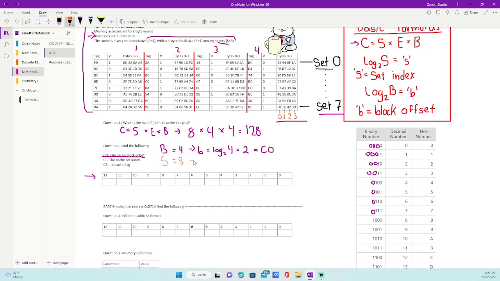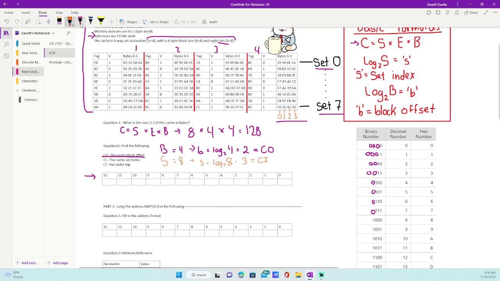So our little s, our set index, would be equal to log base 2 of 8, which equals 3. And that would be our CI.